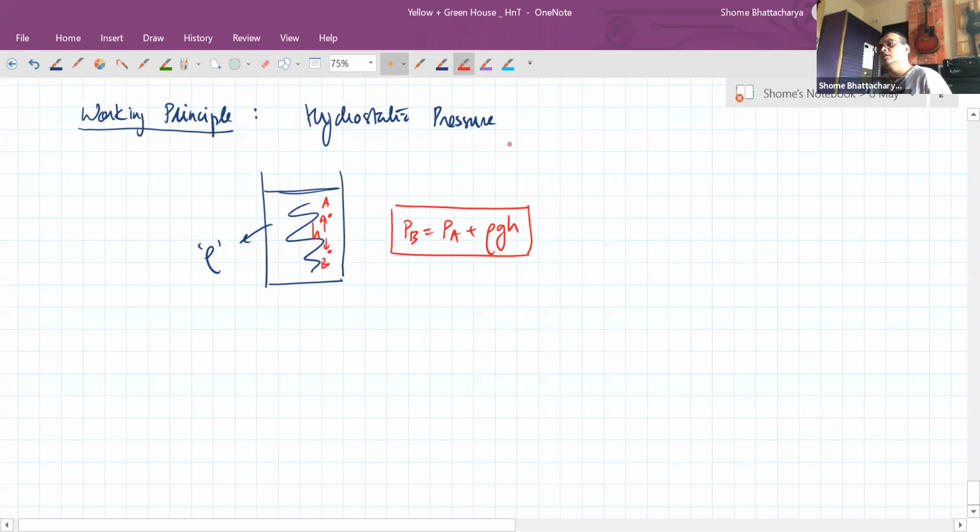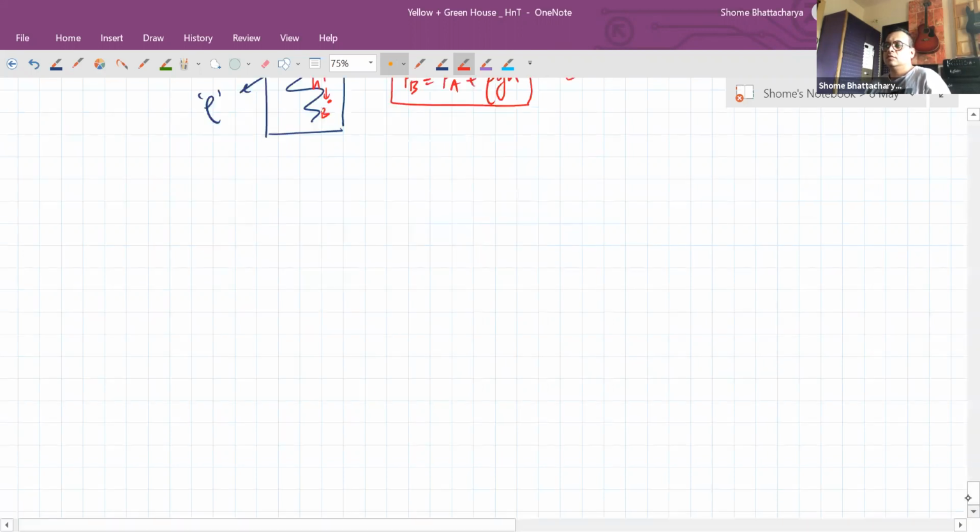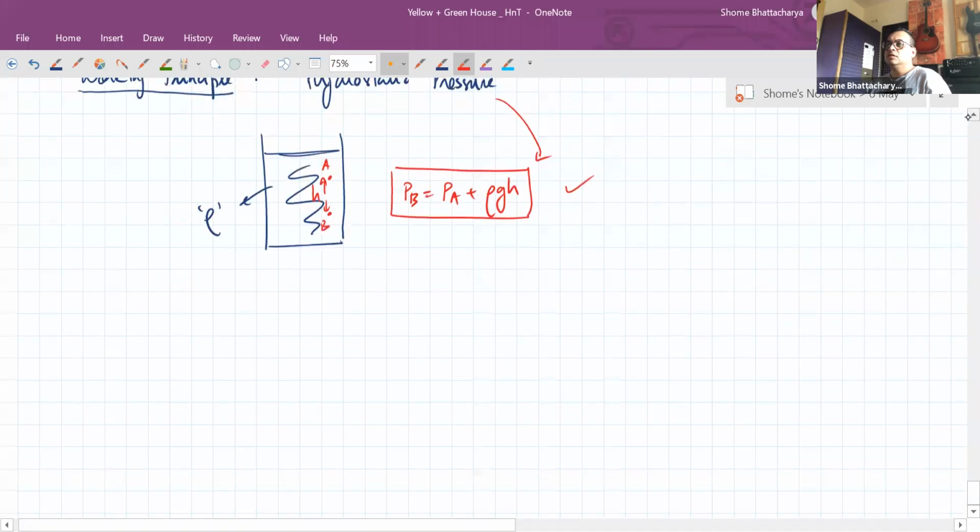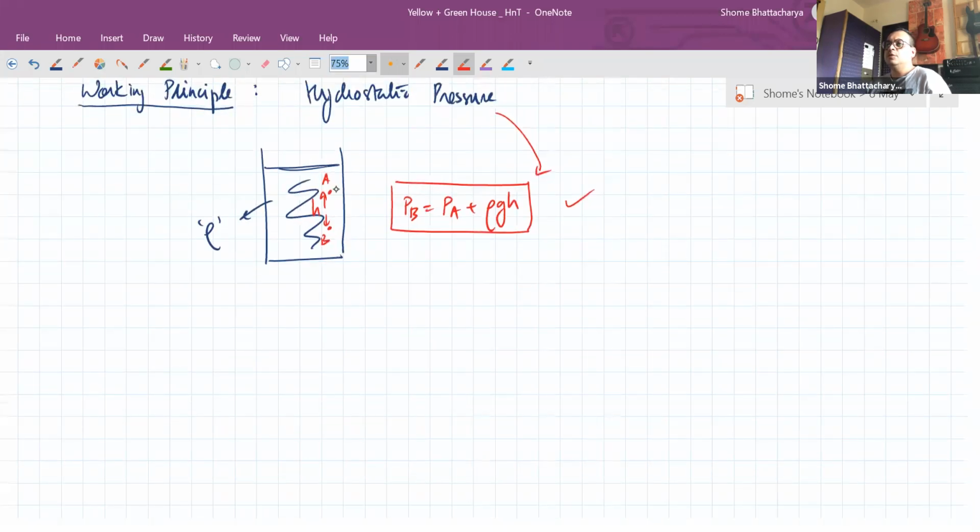Right. This is the concept of hydrostatic pressure. So this concept is familiar to all of you, right? In 9th standard, you must have studied. Okay.